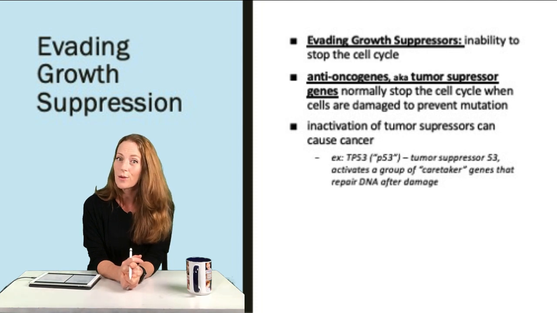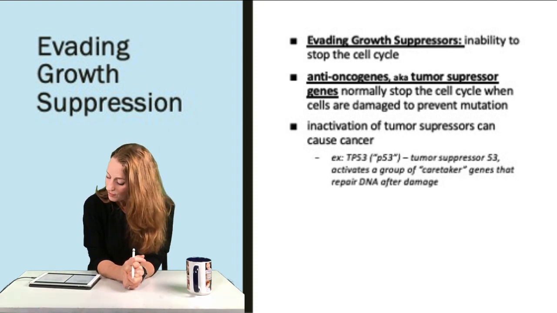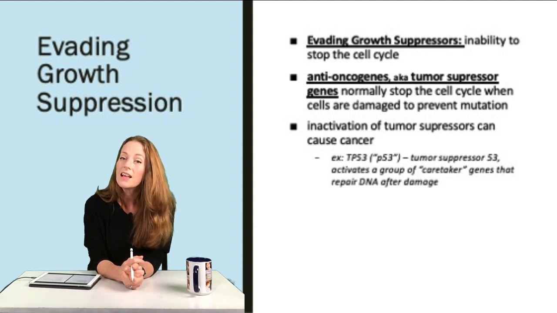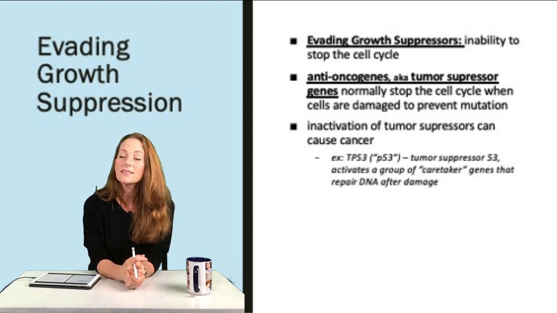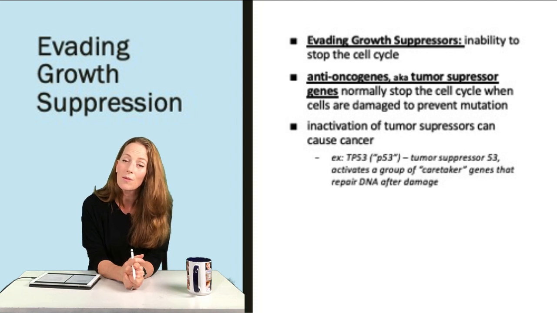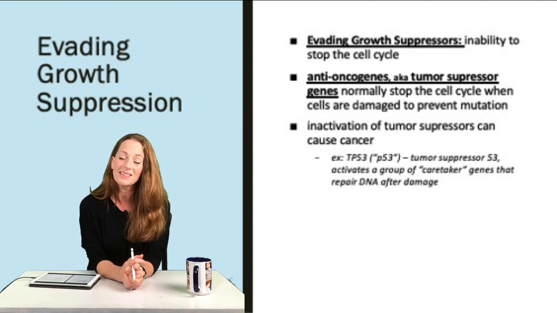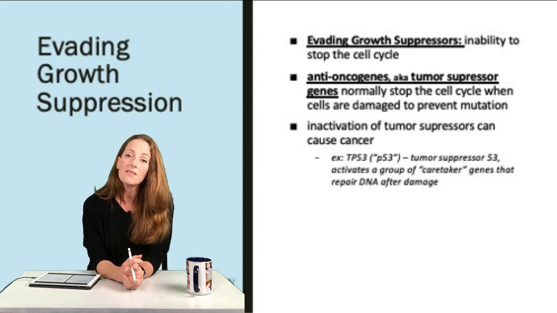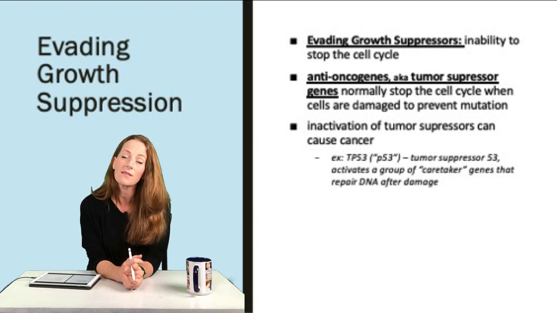A couple lectures ago, we talked about the example of P53, a classic tumor suppressor gene that normally halts the cell cycle to allow DNA repair and related mechanisms to happen. If P53 is mutated, individuals are at a very high risk of certain forms of cancer because the cell cycle can go on unchecked.